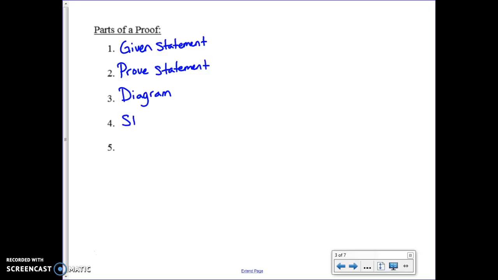Statements. So on the left-hand side of your algebraic proof, you had equation. This time it's going to say statements. Those are all of the things that are happening to get us there. And then on the right-hand side, it's still going to say reasons.